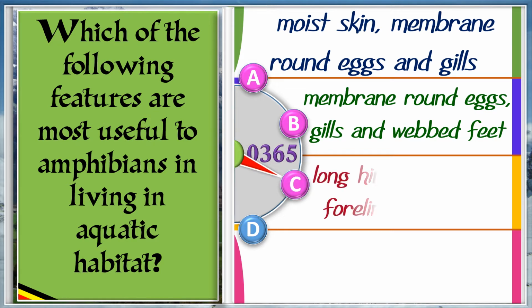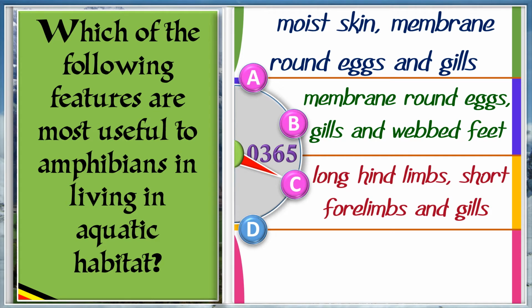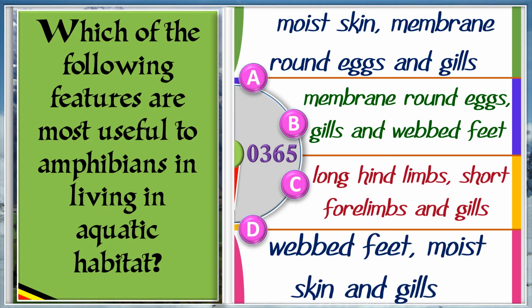C. Long hind limbs, short forelimbs and gills. D. Webbed feet, moist skin, and gills. And the answer is D. Webbed feet, moist skin, and gills.